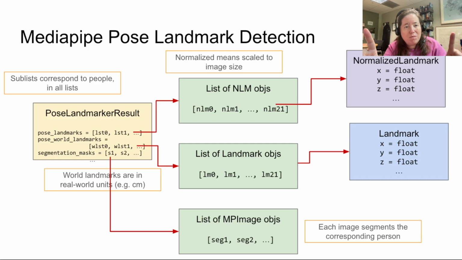But again, don't quote me on what the units are. I believe they're centimeters or meters. In addition, for each person who's detected, we have a segmentation mask. That's a black and white mask that shows us where in the image it thinks the person is. So these can just be displayed, and you can get a really nice, easy segmentation of the person from the background.